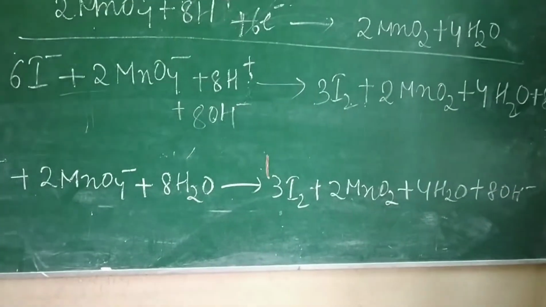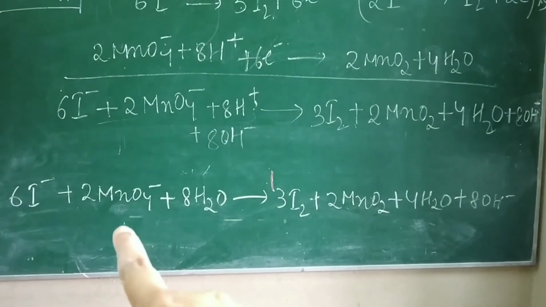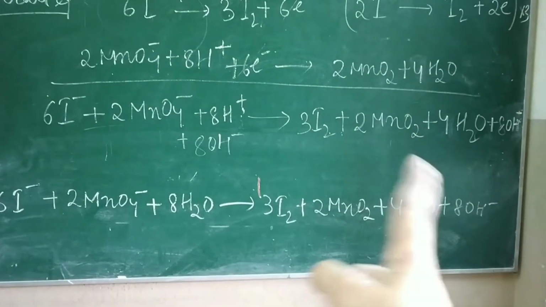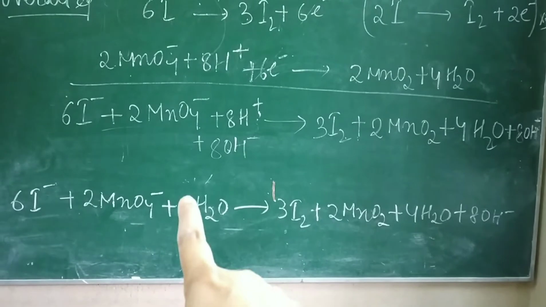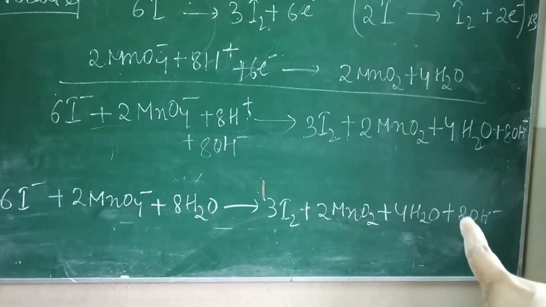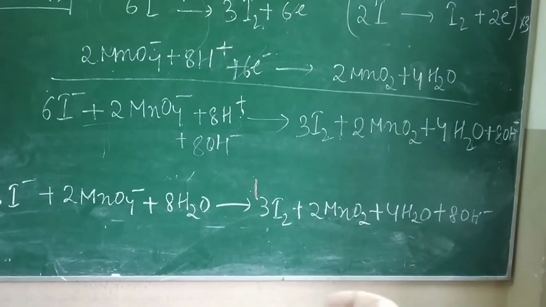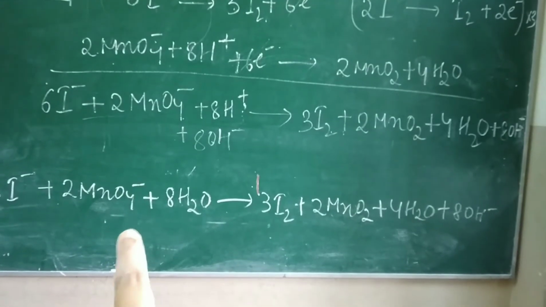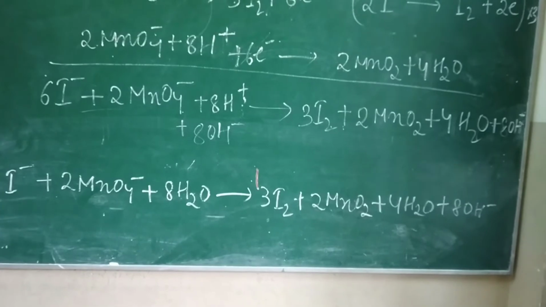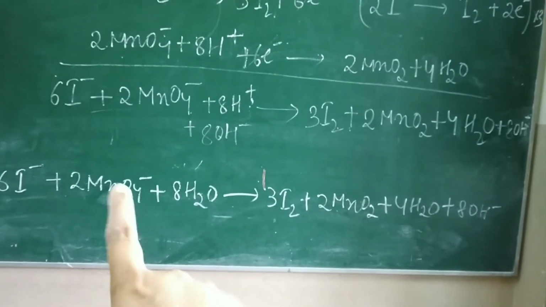Now if you see in this chemical equation, on both sides water molecules are there. Here there are 8 water molecules and on this side there are 4 water molecules. So we can cancel them out. So net on this side 4 H2O molecules will be there, 8 minus 4.